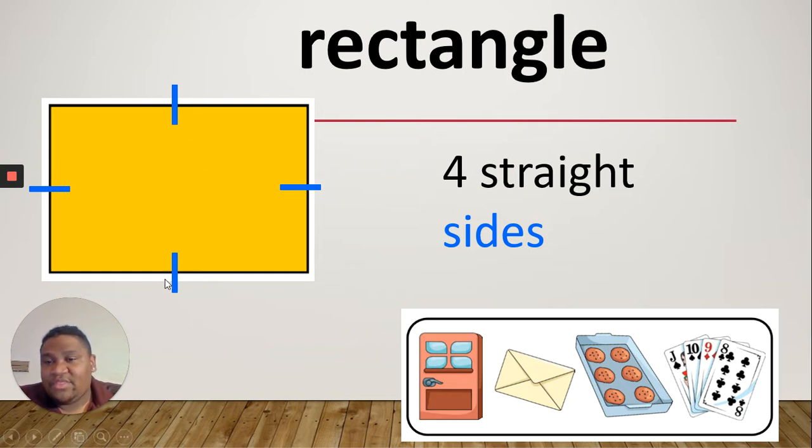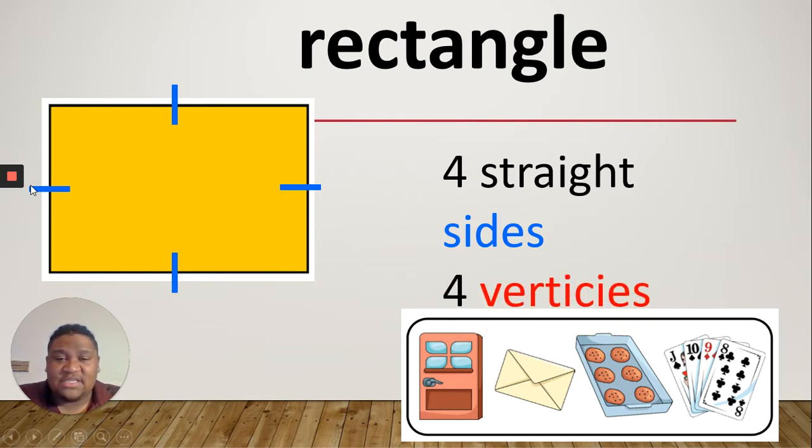And it has 4 vertices, or the corners, but we say vertices. 1, 2, 3, 4. The vertices are where 2 lines meet. Now, here are some real life examples of things that are shaped like rectangles. You have this door, this envelope, this pan, and these cards.